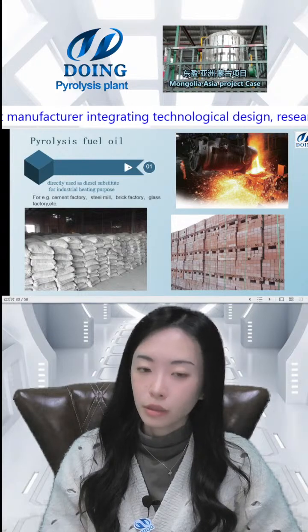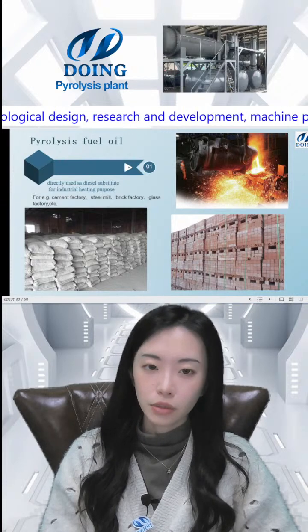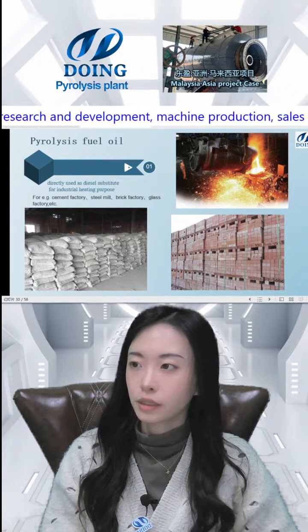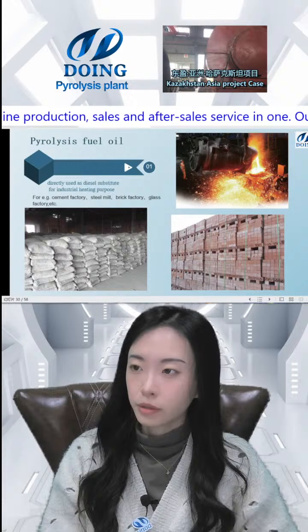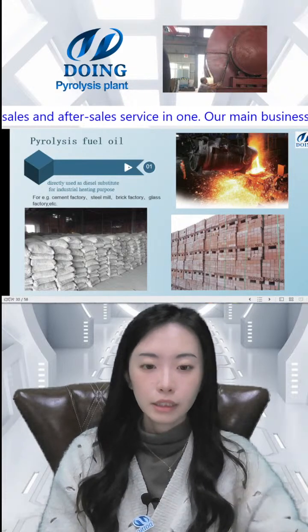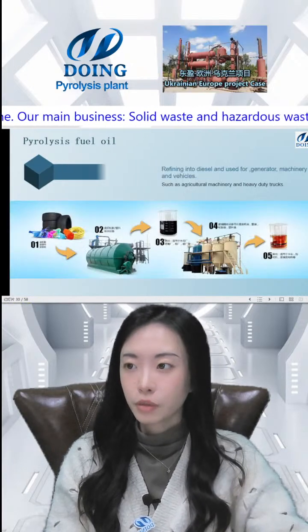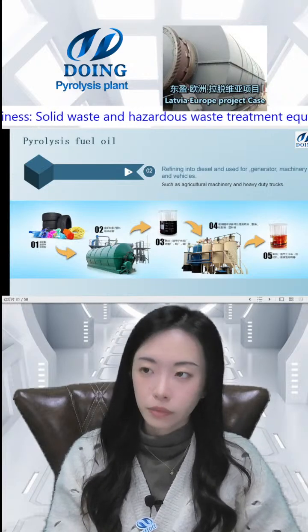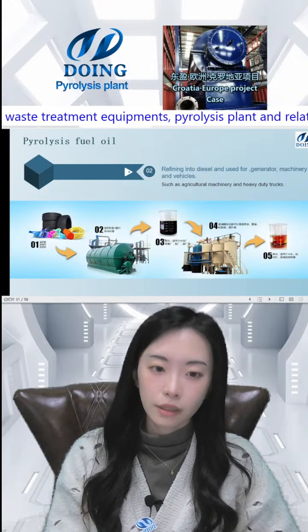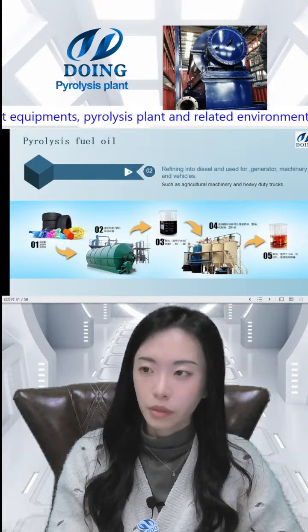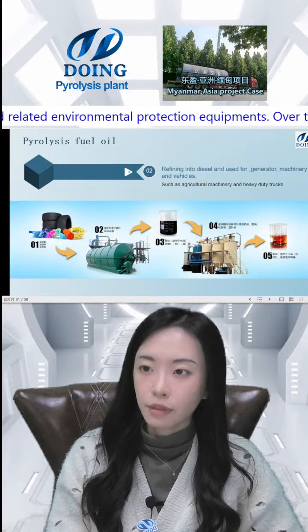And this is the detailed introduction of the different products. The fuel oil is directly used as a diesel substitute for industrial heating purposes, like the cement factory, steel mill, brick factory, glass factory, and so on. Then it can be purified into diesel for generators, machinery, cars, ferries, or other transportation, such as agricultural machines and heavy-duty trucks.